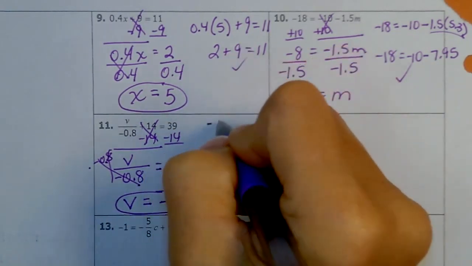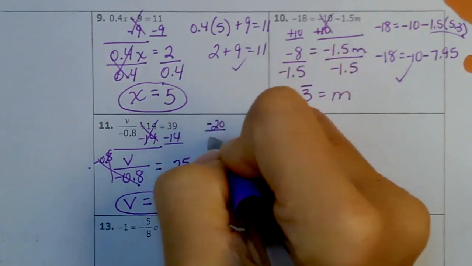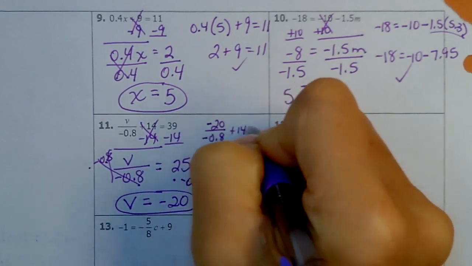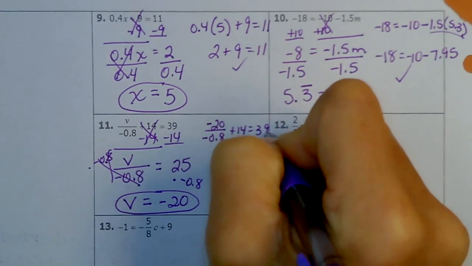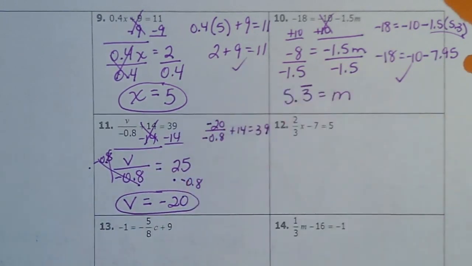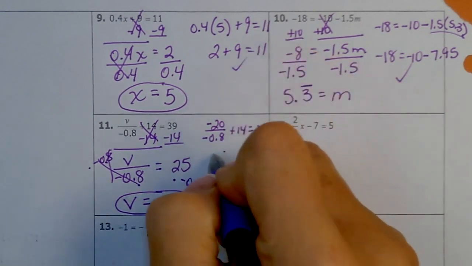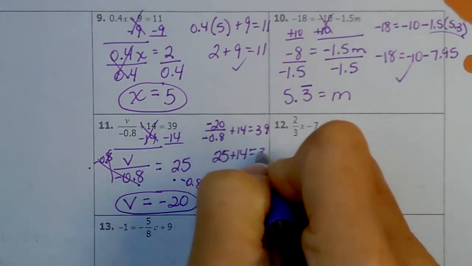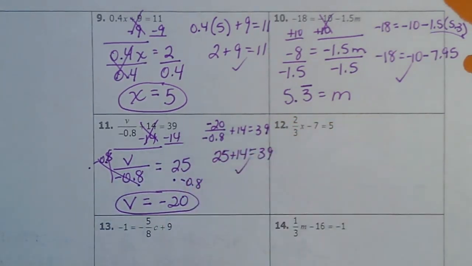Let's check it out. Negative 20 divided by negative 0.8 plus 14 equals 39. Negative 20 divided by negative 0.8 equals 25, and 25 plus 14 equals 39.